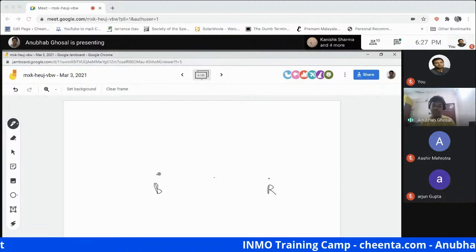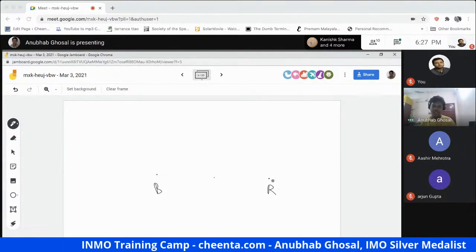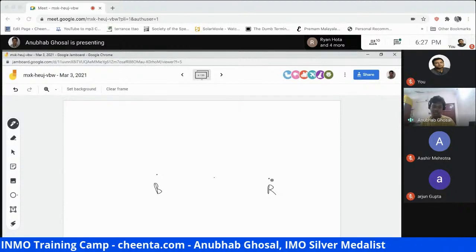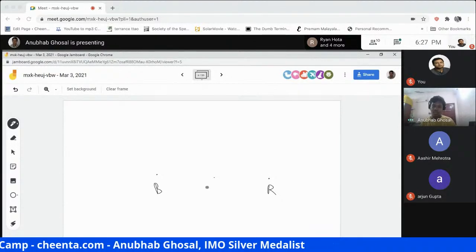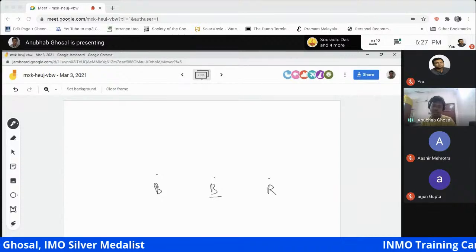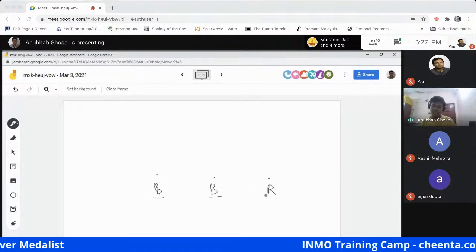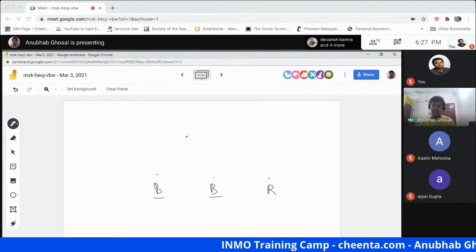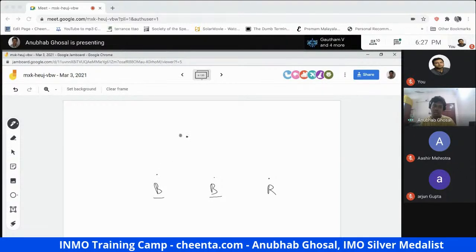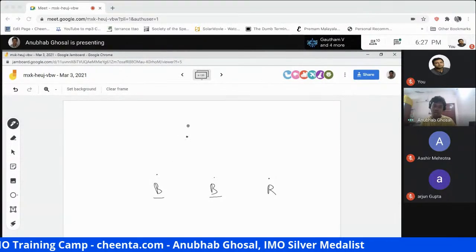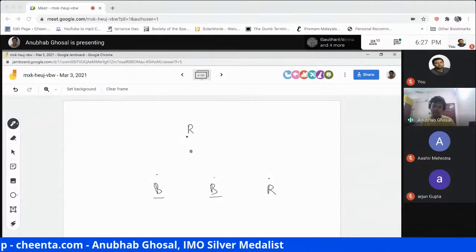So what we proved here is any 2 points of distance 2 apart have to be of the same color. Sorry, because if they are of different colors, then without loss of generality, let the midpoint be of one of the colors. So let's say this is blue, this is blue, this is red. Then the point here, which forms an equilateral triangle of side length 1 with the blues, has to be red, because if it's blue, then we have already done.